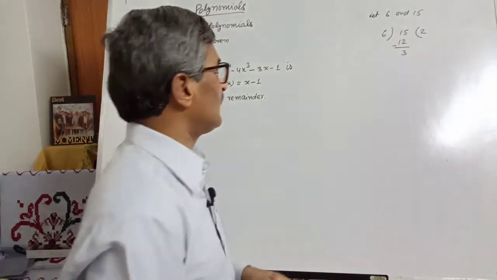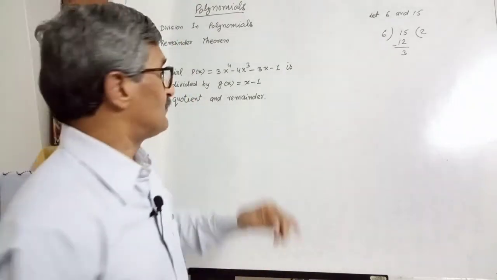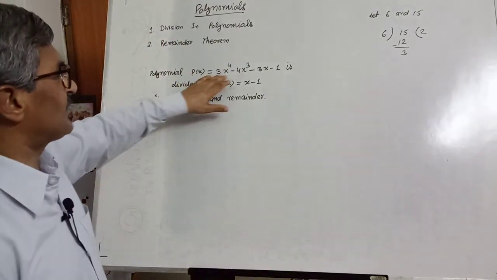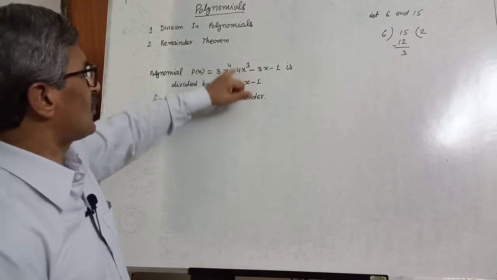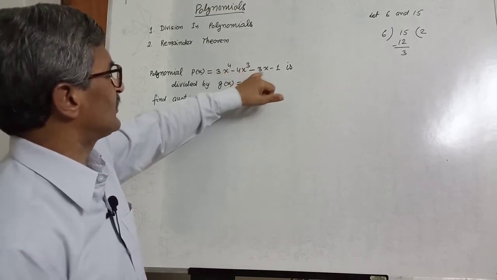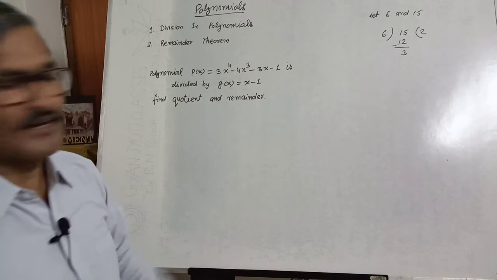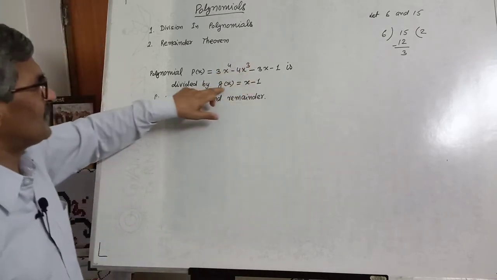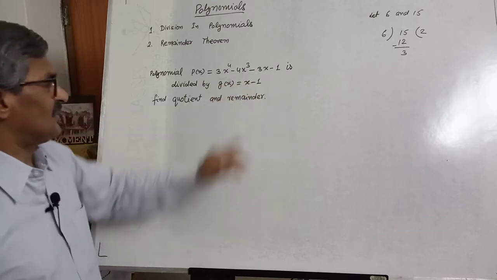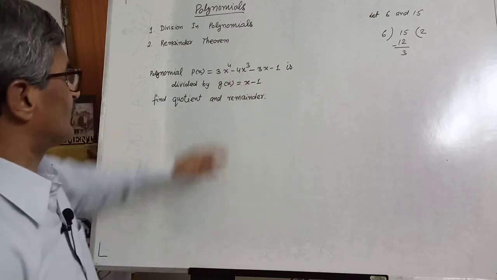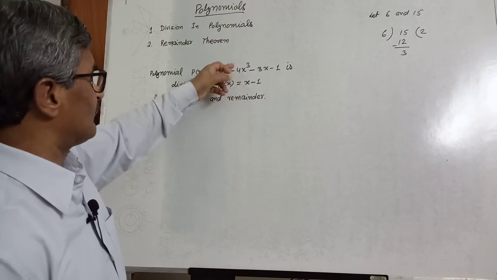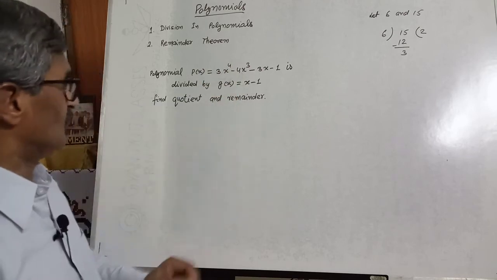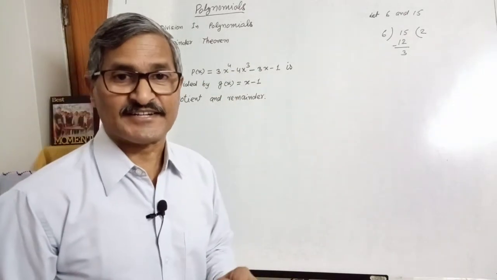Same way, if a polynomial p(x) is given, 3x^4 minus 4x^3 minus 3x minus 1, and this polynomial is divided by another polynomial g(x), x minus 1, then what will be the quotient and remainder?